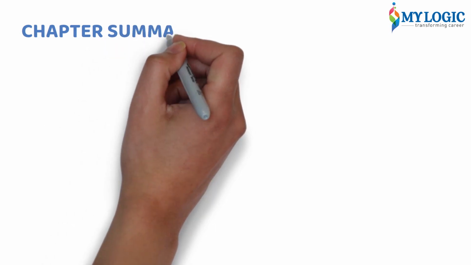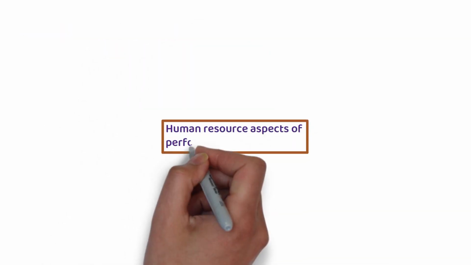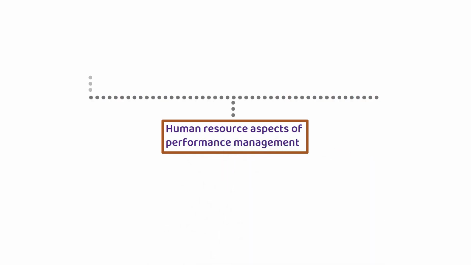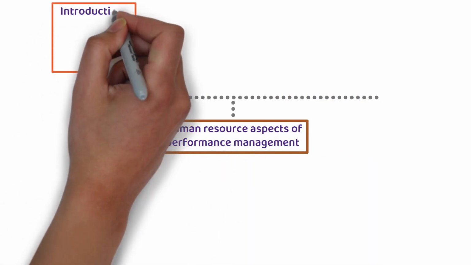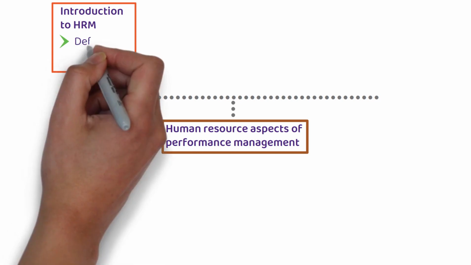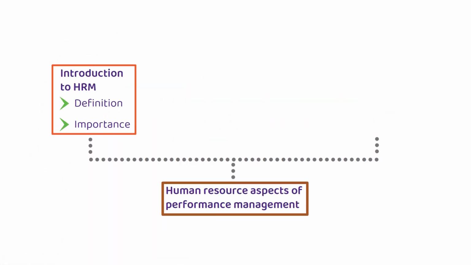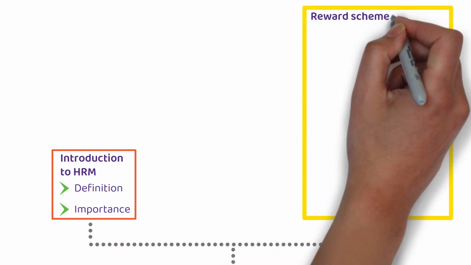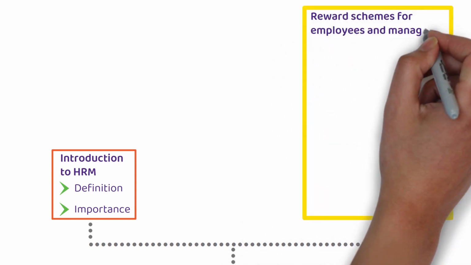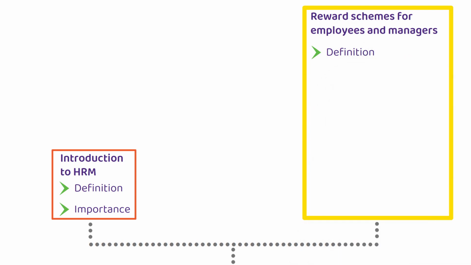Chapter Summary: Human Resource Aspects of Performance Management. Introduction to HRM. Definition. Importance. Reward schemes for employees and managers. Definition.